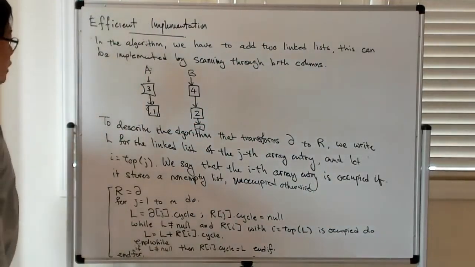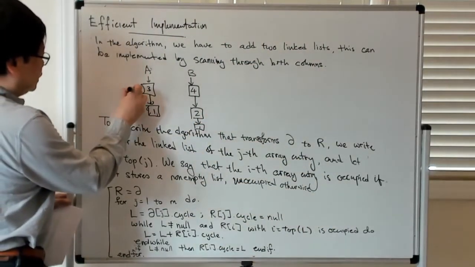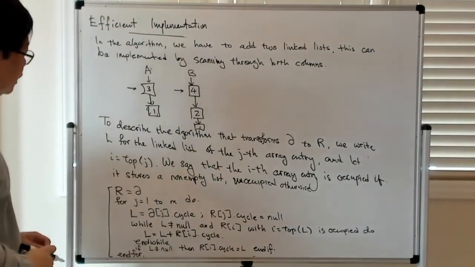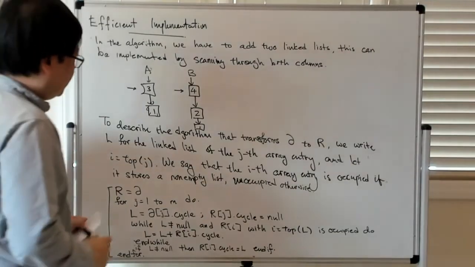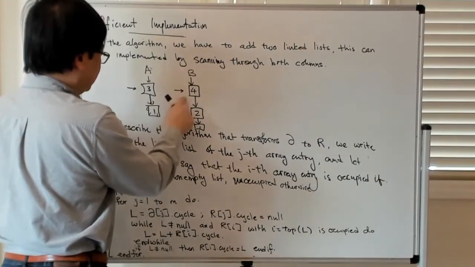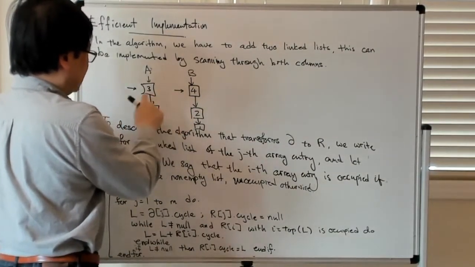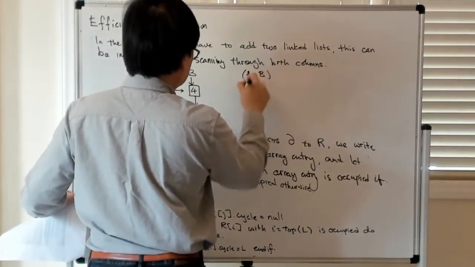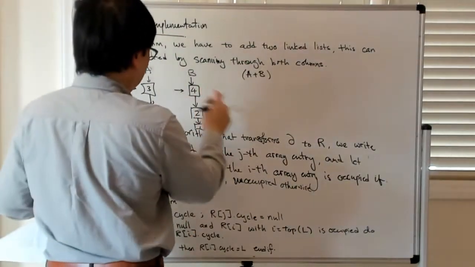So what you do is you just have pointers which point to the first entry of each list, and you compare the two. 4 is larger than 3, so the answer, which is A plus B, should take 4 first.